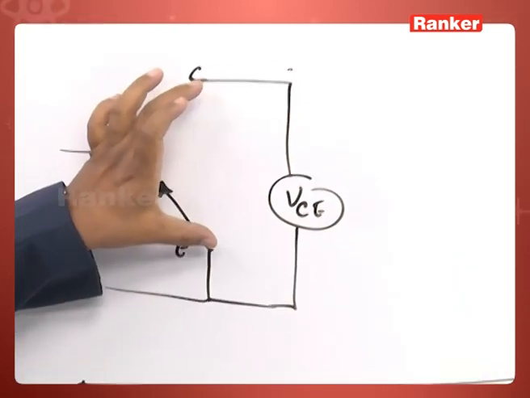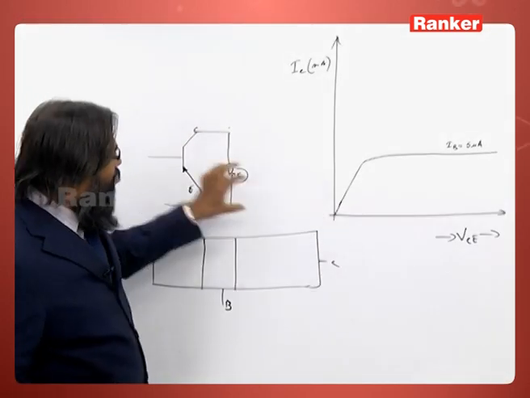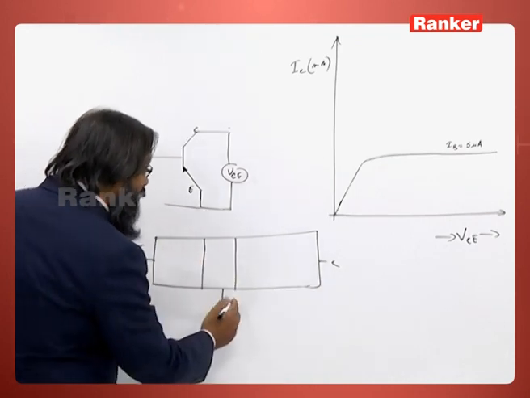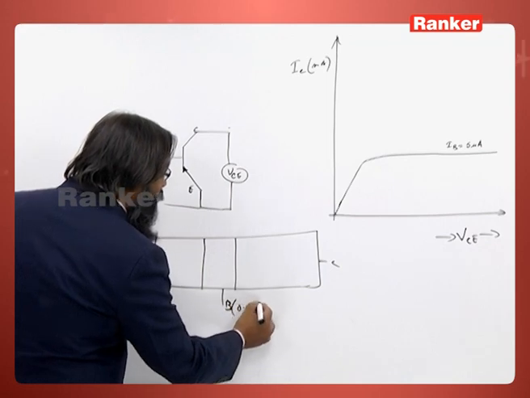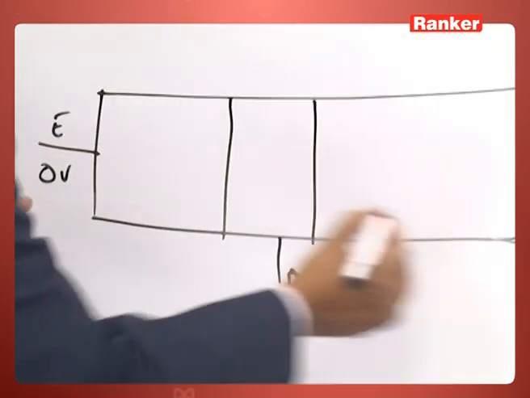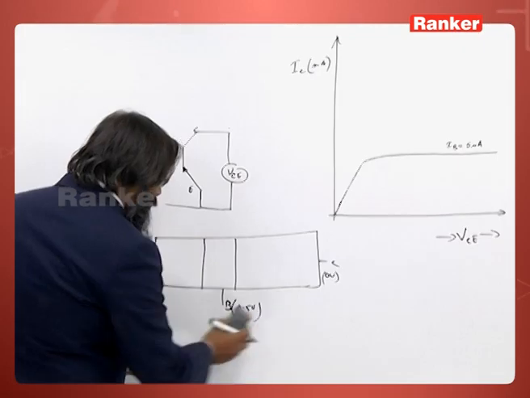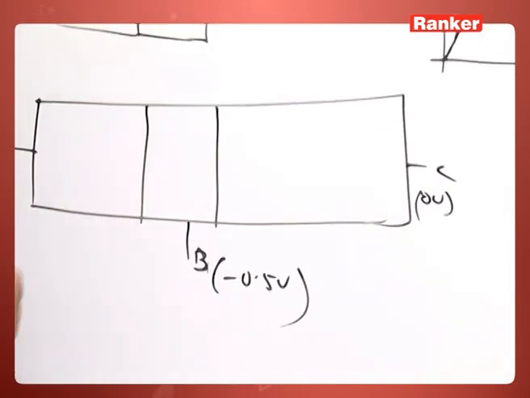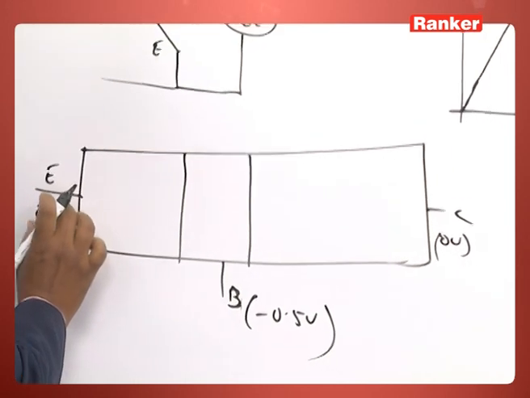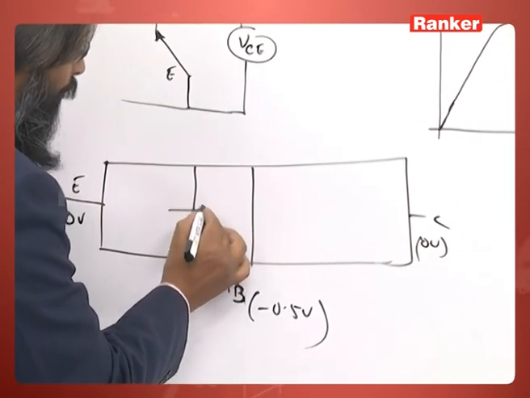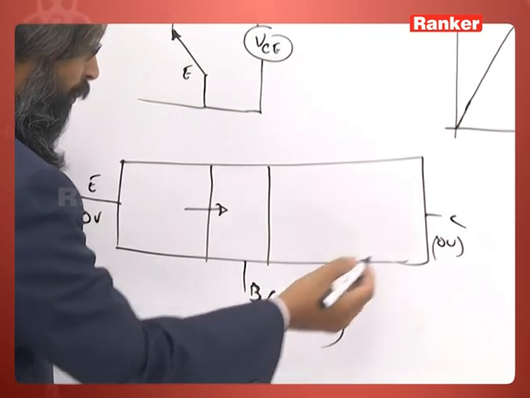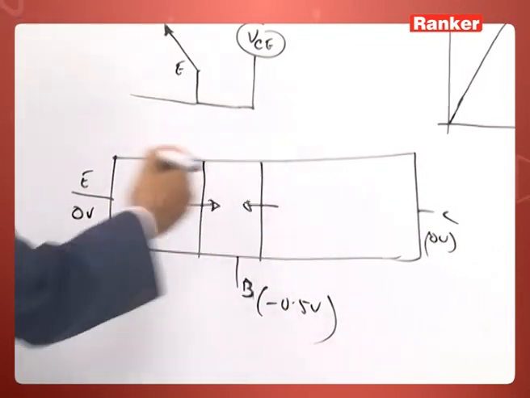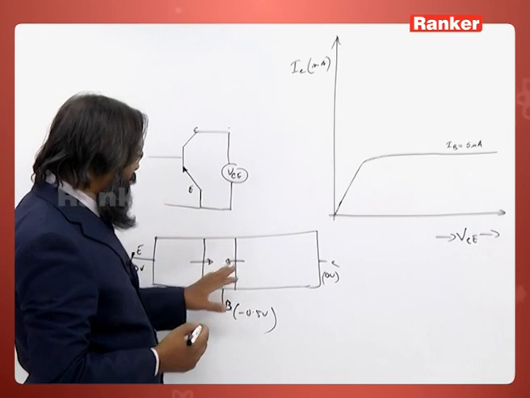We have applied a voltage here that is suppose 0 or very small, so between these two the voltage is negligibly small. Suppose this is at 0.5 volts and here it is 0 volt. So, this is high voltage, let us take it to be minus 0.5 volts. So, what happens? Here this junction, the field is in this direction. So, this junction is forward biased and this junction is also forward biased. So, what happens?